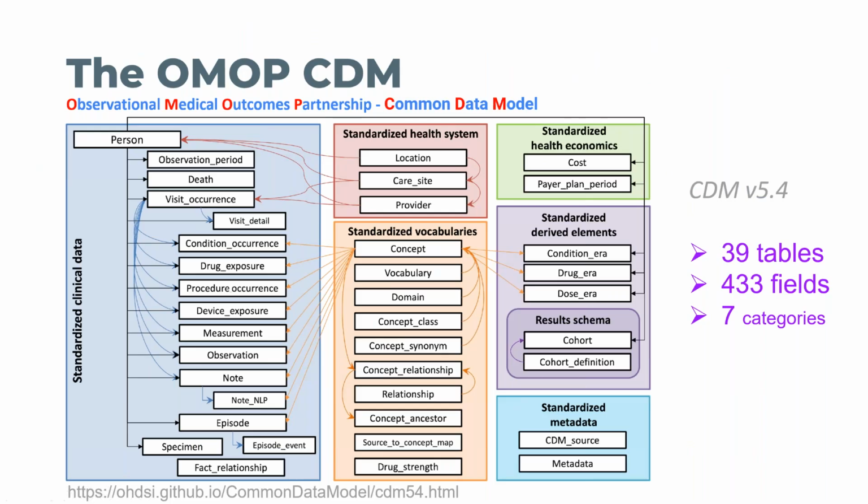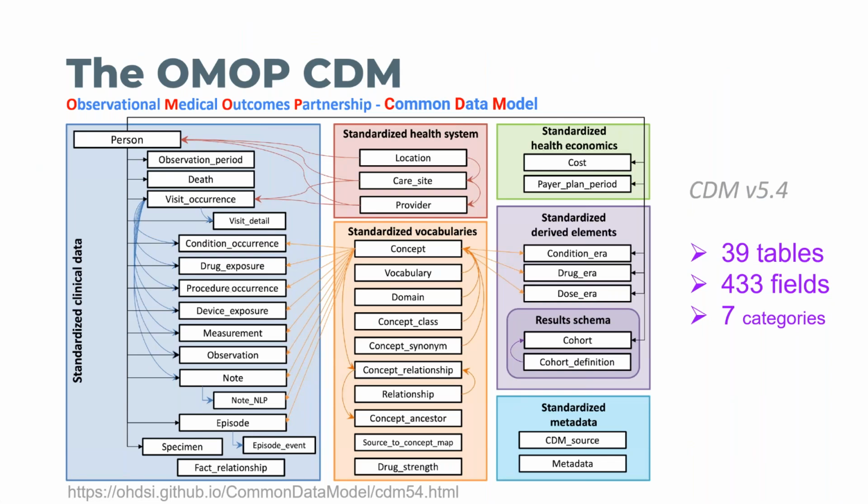And the orange part is basically coming from standardized vocabularies, from Athena and the vocabulary maintainers like ICD, SNOMED, and so on. Those are tables that are settings, or they are just there to allow for normalizing the data and using the codes that we use everywhere.